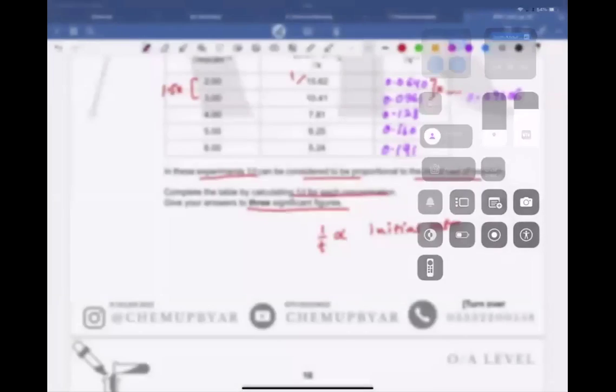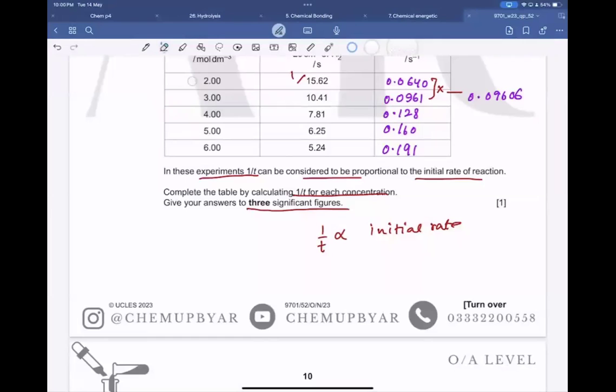Yes, see, this is increased by the factor of 1.5. So can anyone tell me by which factor it is increased? 0.0961 divided by 0.0640. So it is also 1.5. So see, they are almost increasing with the same factor.